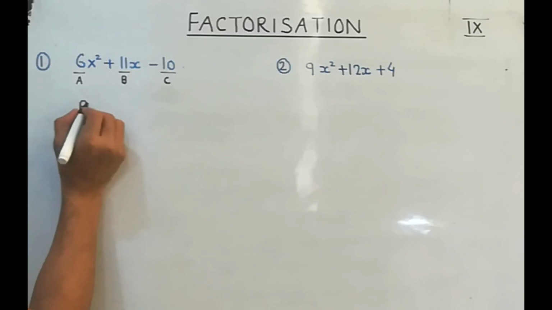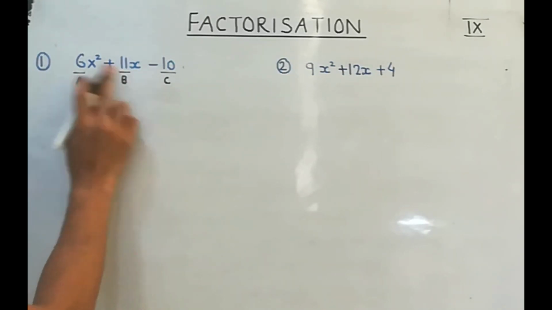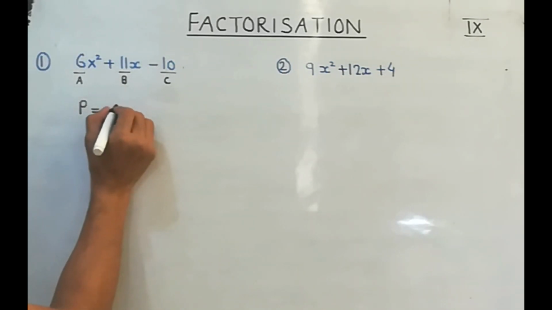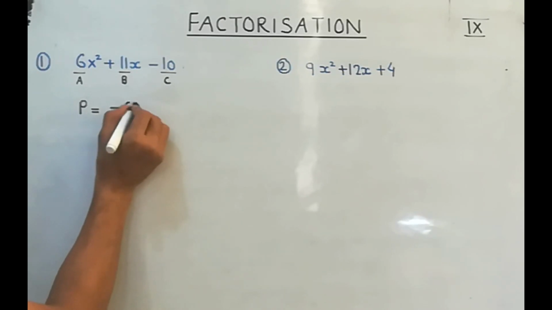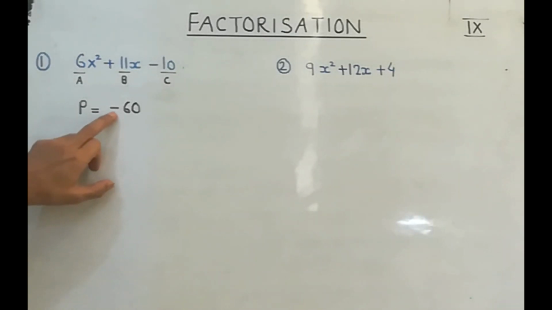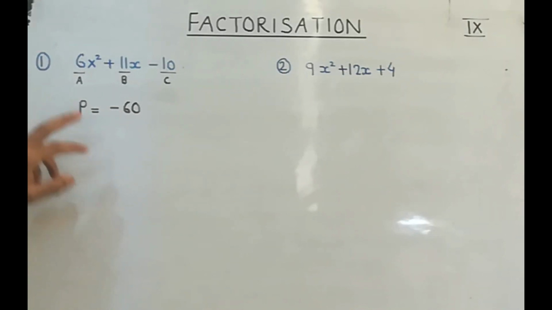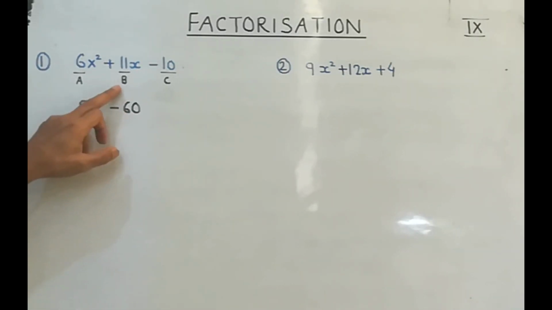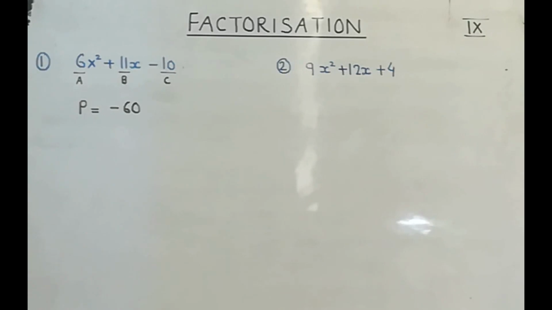So 6 into minus 10 will give us minus 60. So the product is negative. Now remember, if product is negative, we need two numbers whose product will be 60, but the difference, because this is minus, so n1 minus n2, should be equal to 11.